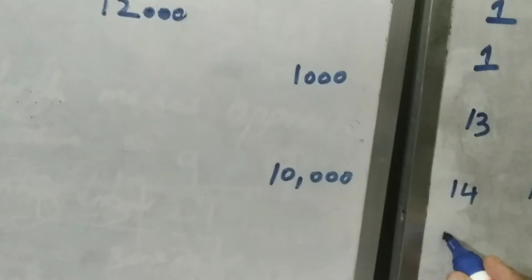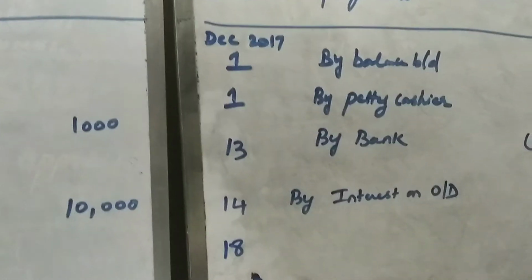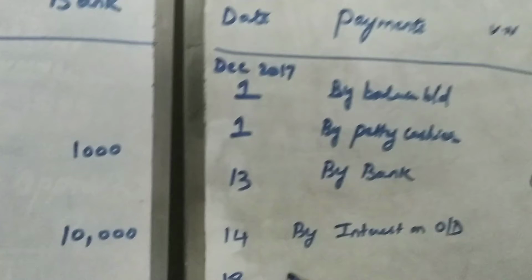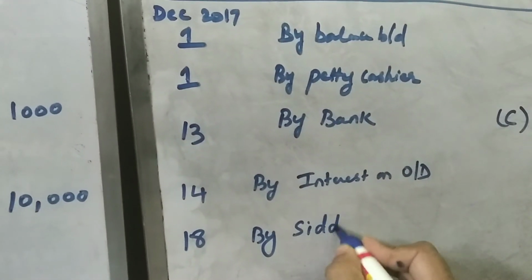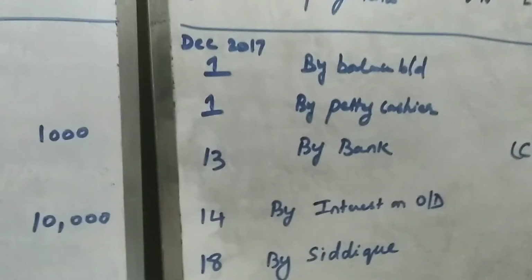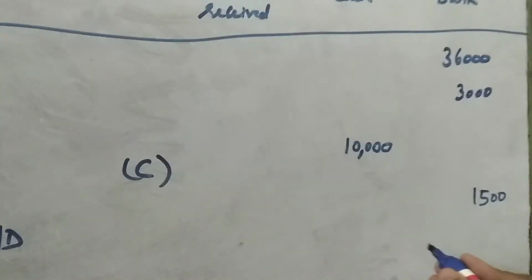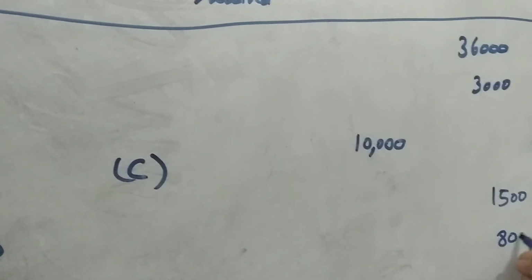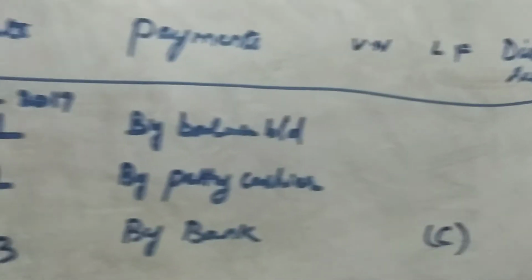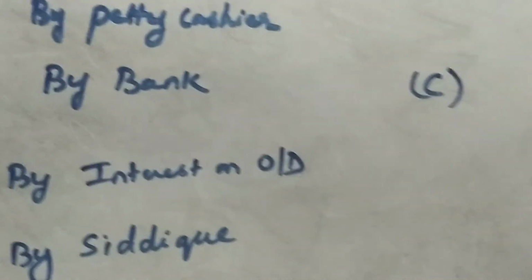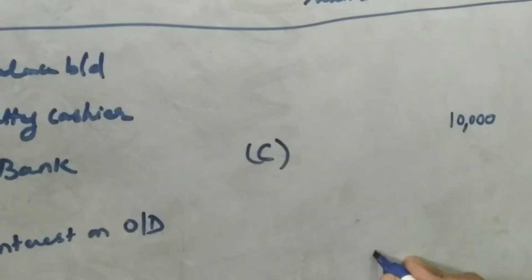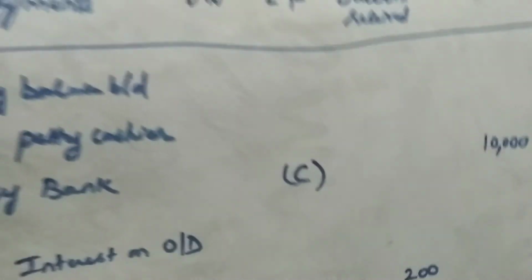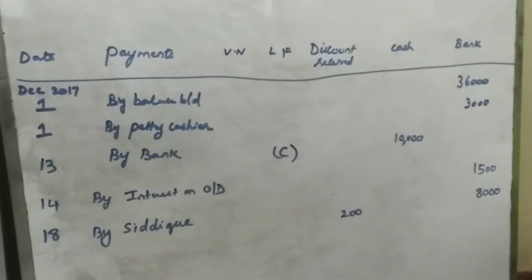So on 18th, on the payment side, you will write by Siddiq, 8,000 in the bank column, and 200 in the discount received column.